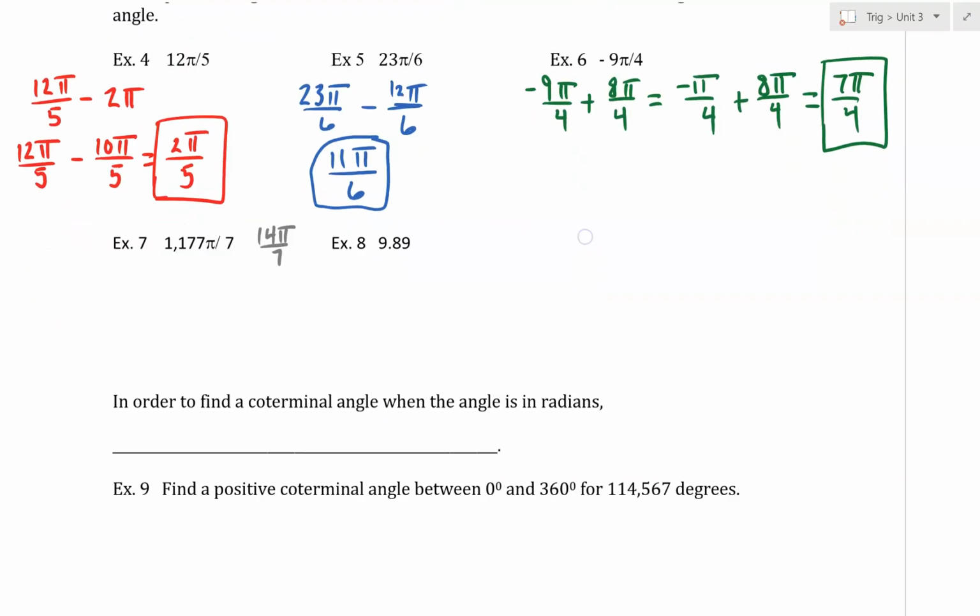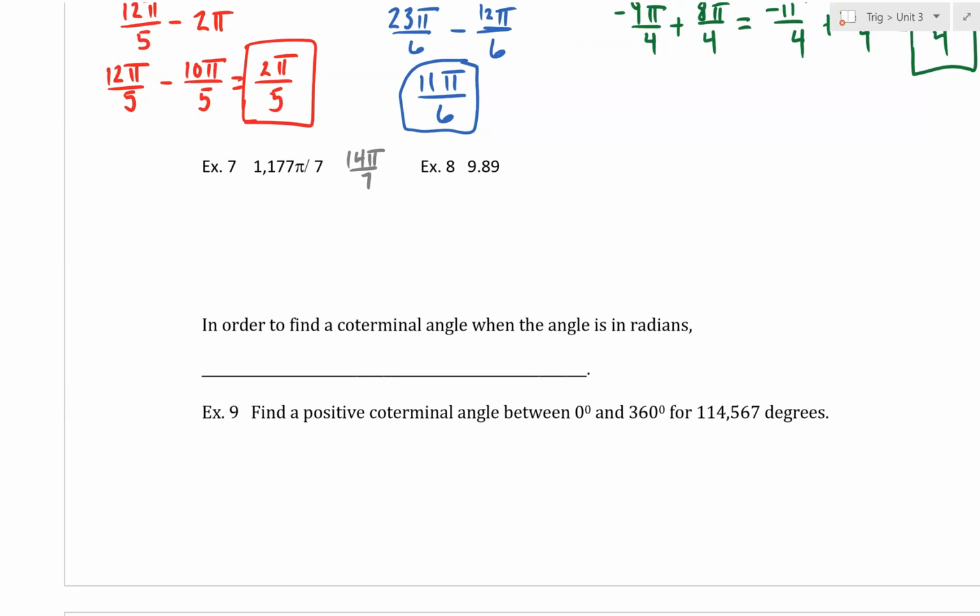This one is a little bit different, because when you're using the fractions, you have to remember that even though it's over 7, it takes 2 of those to get all the way around. It's taking 14 pi over 7 to get all the way around. So the way these work, you take 1177, and you're going to divide by the number of times. If you just divided by 7, then you're saying you're going halfway around the circle. You got to divide here by 14.